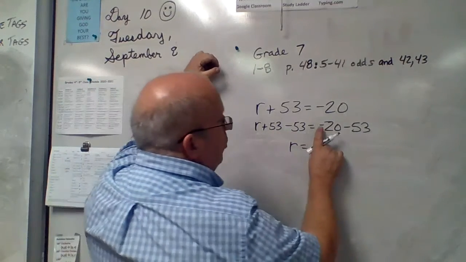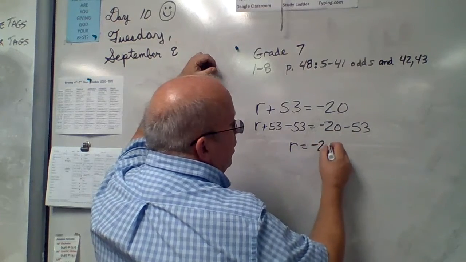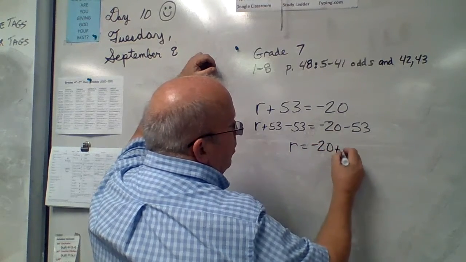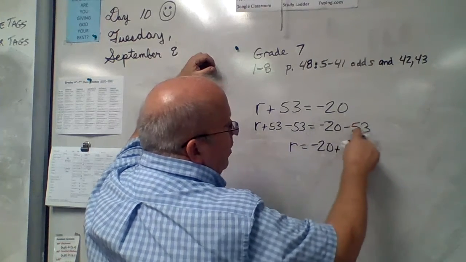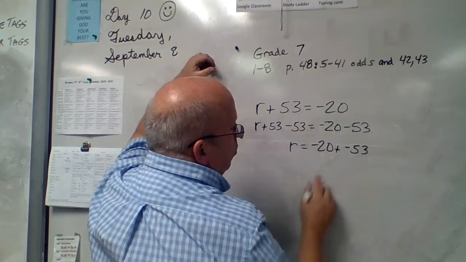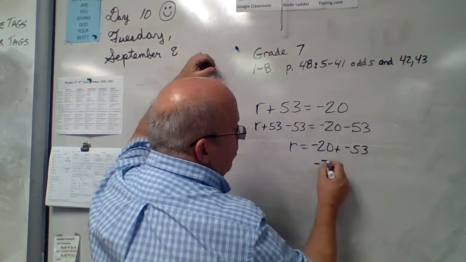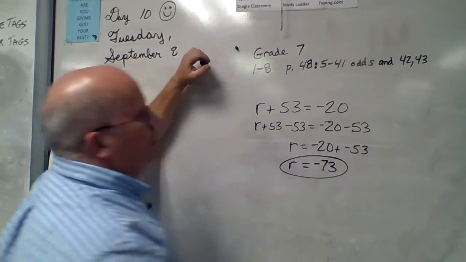Here it's a little bit tricky. Negative 20 minus 53. To subtract, remember the rule, we add the opposite of the second number. We add the opposite of 53. Now I've got two negative numbers, and the rule says when you've got two negative numbers, you just add them. So r is negative 73.